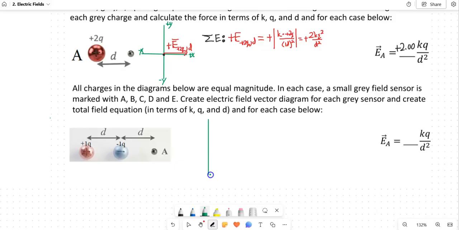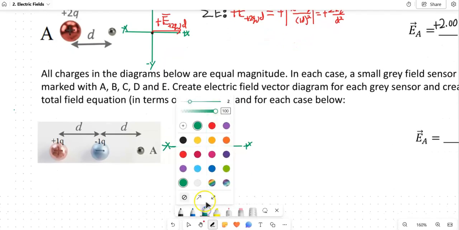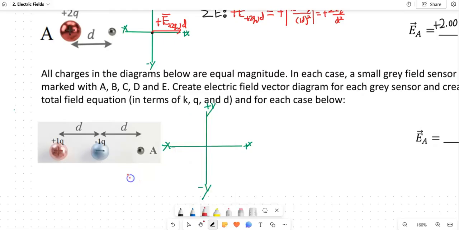I'm going to put our little coordinate system, labeled just like we did before, negative X and negative Y. Now the blue charge is closer, so its electric field is going to be larger and pointed to the left.